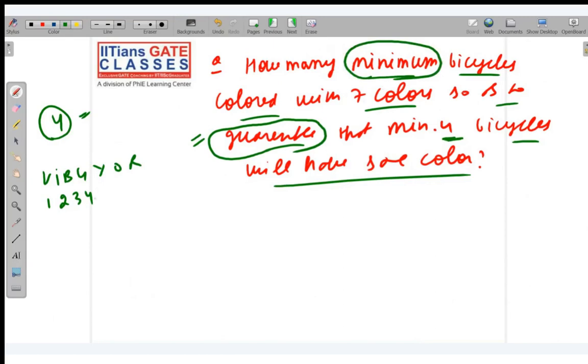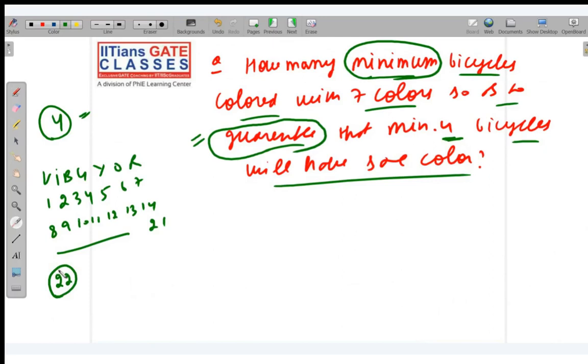So I will try to bifurcate it. 4, 5, 6, 7, then 8, obviously I have to repeat, and so on up to 14, then 21, and then 22. As soon as I take the 22nd bicycle, it is guaranteed that at least 4 bicycles will have the same color.